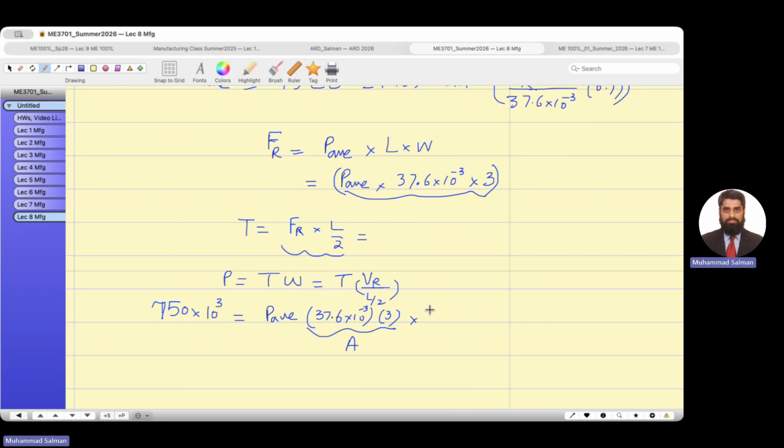L by 2 is 37.6 times 10 to the power -3 divided by 2. So this gives me a torque. You understand that? This is the torque. And times omega, VR over L by 2.